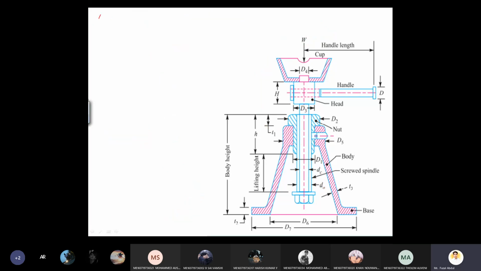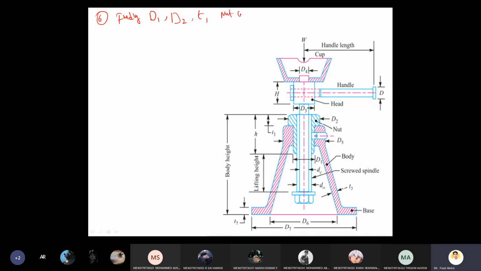Now sixth point. Sixth point, finding the inner diameter D1, outer diameter D2, and thickness T1 for the nut collar.